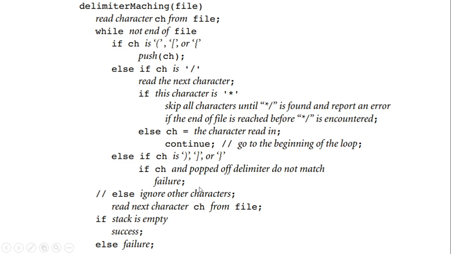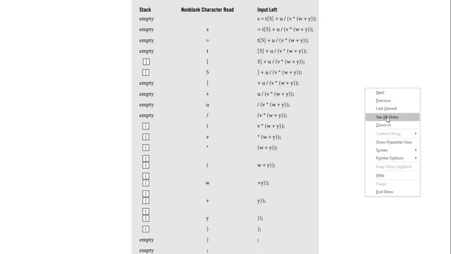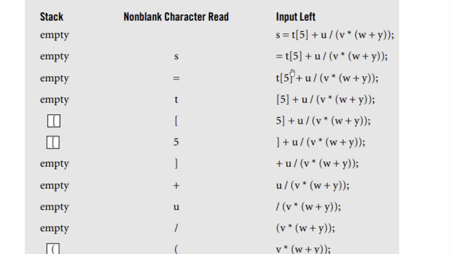And then if the character and the popped-off delimiter do not match, there is a failure in the program. So we will read the next character from the file and go back again to the while loop until the stack is empty. Let's have an example of how the algorithm works.